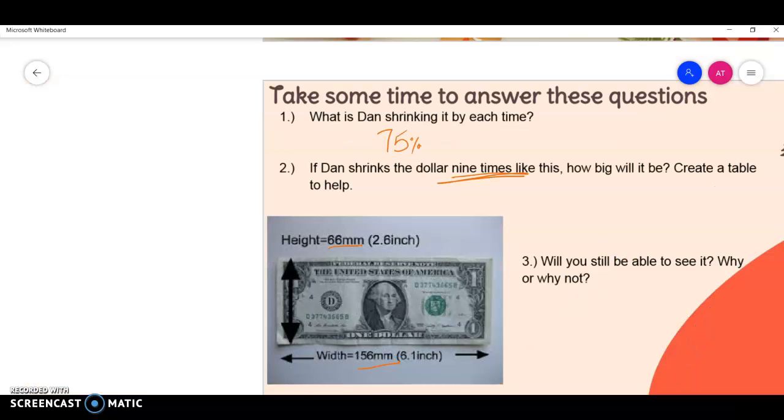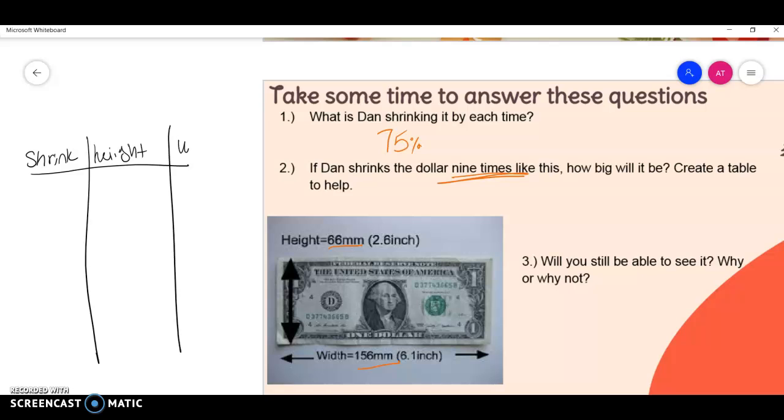So now that you've taken a couple minutes and solved what it should be, let's look. I would suggest making a table. So if I was going to make a table, my x would be shrink, and I would have my height and my width there.